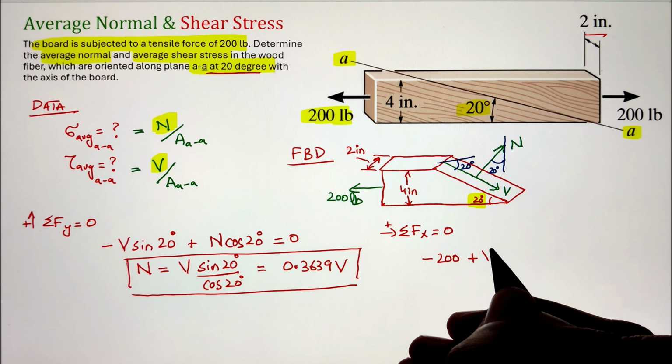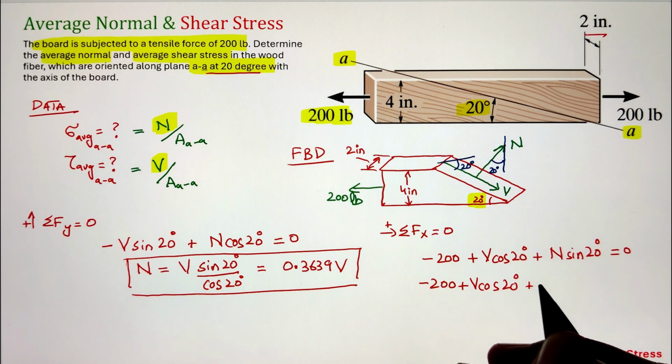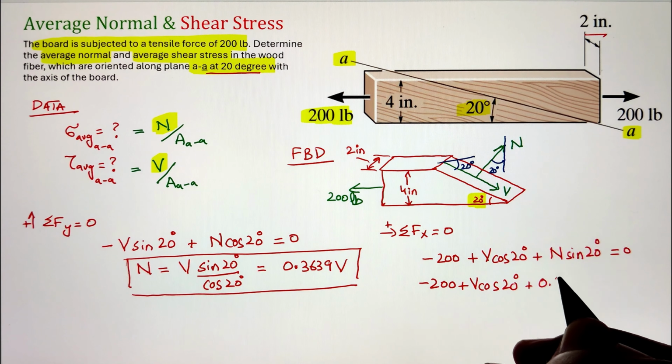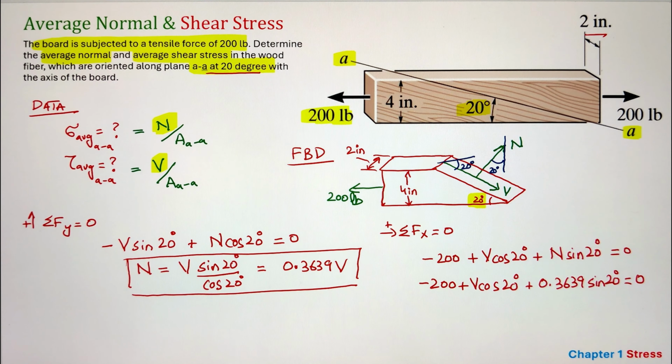Next, we can write summation of forces along the horizontal axis equals 0. In this case, I have an external load of 200 pounds going towards the left. That's why it is given as negative, whereas my shear force component V cos 20 and the normal force component N sine 20 are going towards the right.